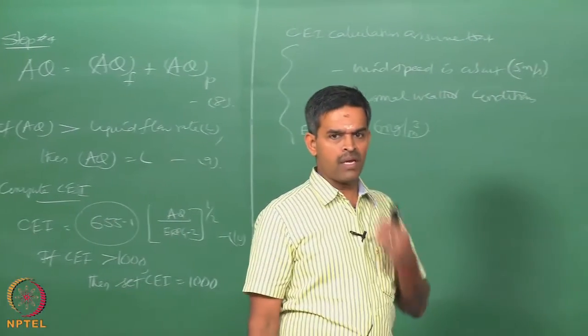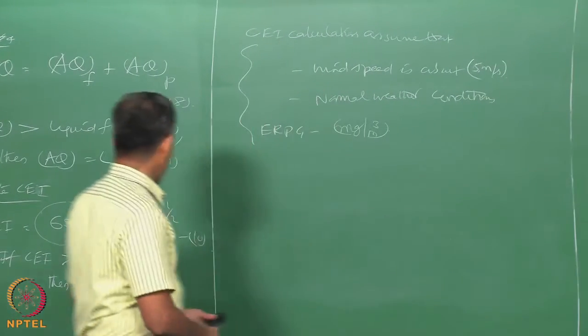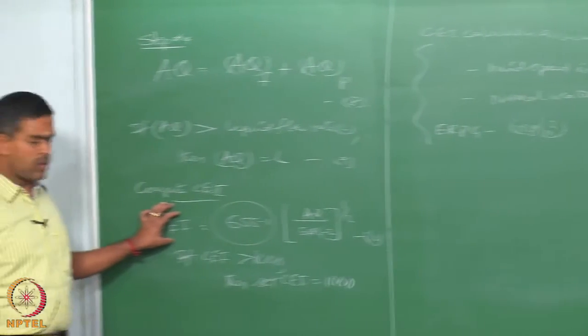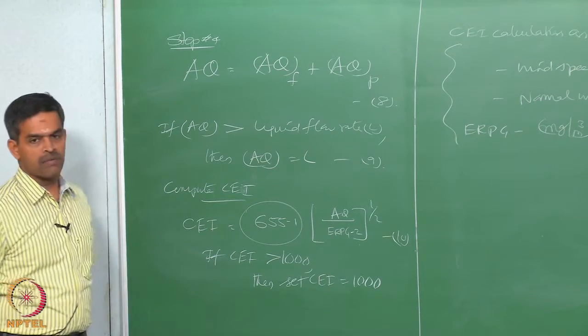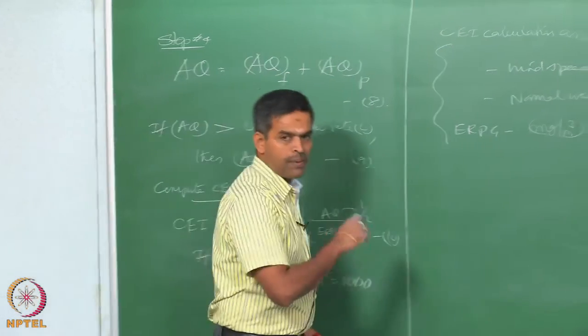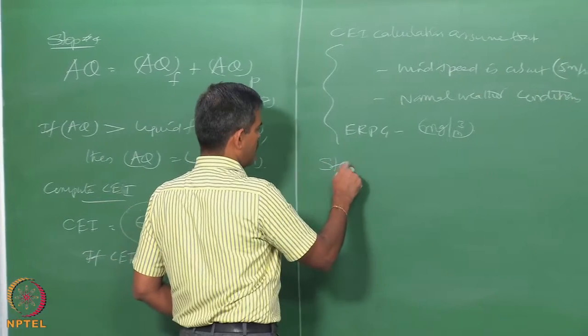Now, as I said in the beginning, one is not interested alone in finding out the exposure index. Of course, one is curious to know the exposure index, because by this you will know the risk value, but we are not interested in stopping here. We want to compute the hazard distance.